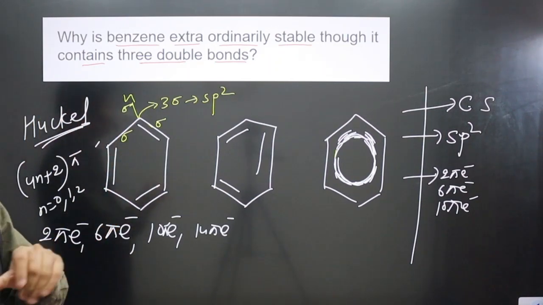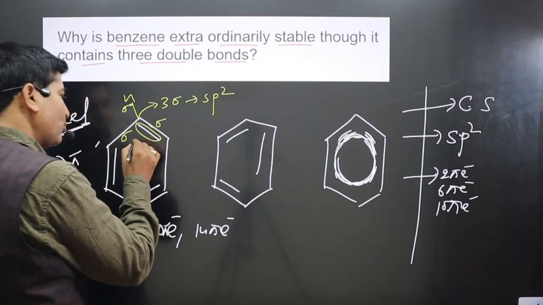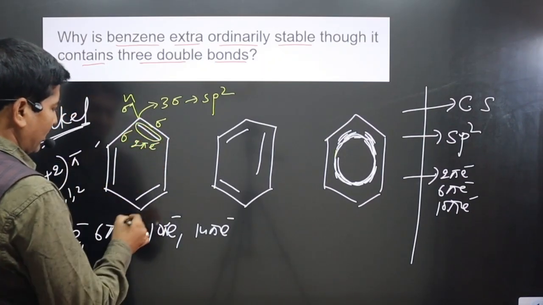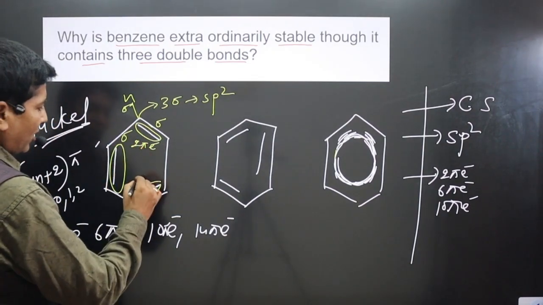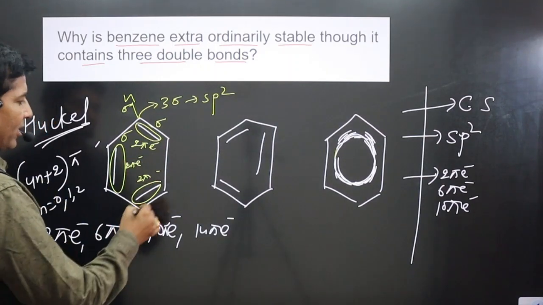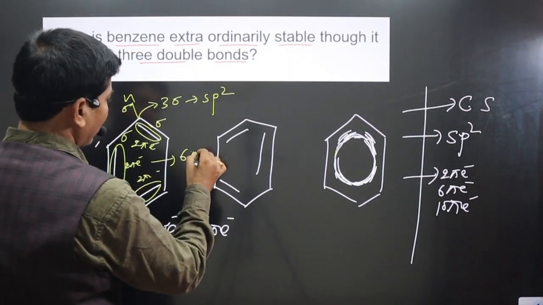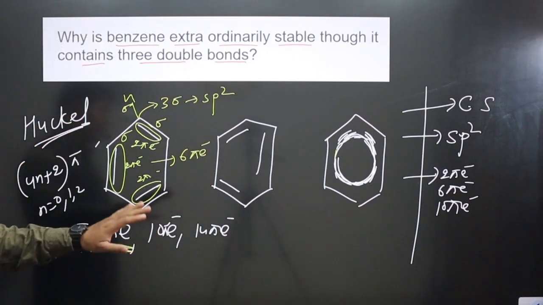Conjugated system is there. If we calculate pi electron, so you can see one pi bond has 2 pi electron. This is another pi bond, this is next pi bond, 2 pi electron each. The total is 6 pi electrons. You can see 6 pi electrons are there in the system.